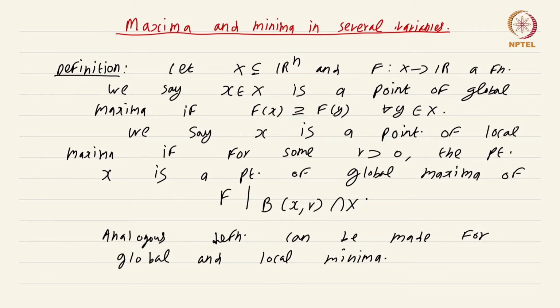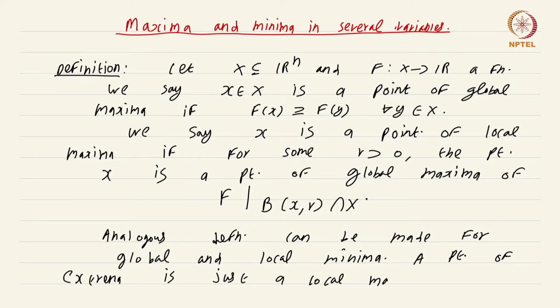Now you would have already solved an exercise in the previous set of lectures when we studied differentiation in R^n, that at a point of extrema, that is a point of maxima or minima, so let's just make that precise, a point of extrema is just a local maximum or minimum.